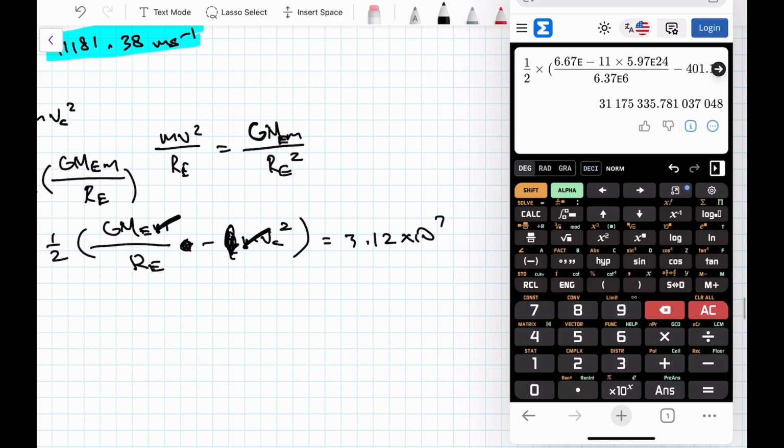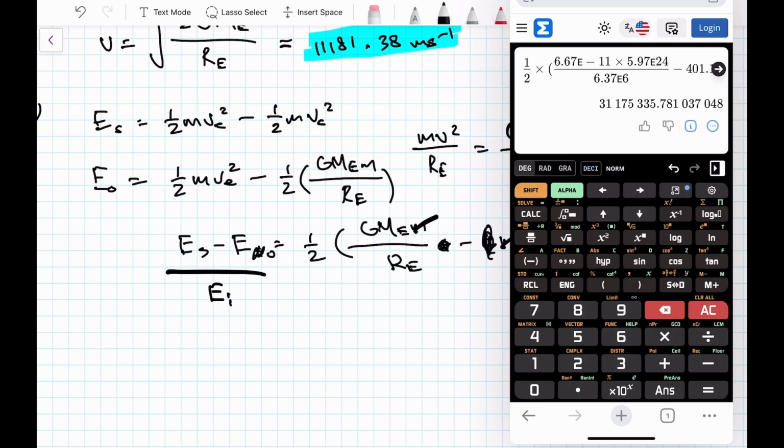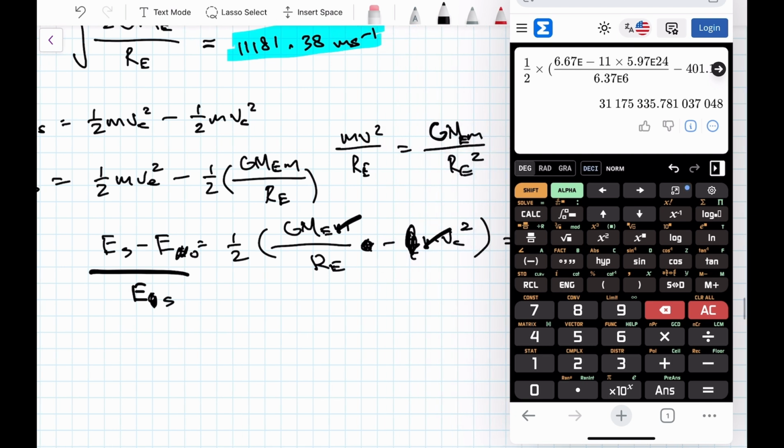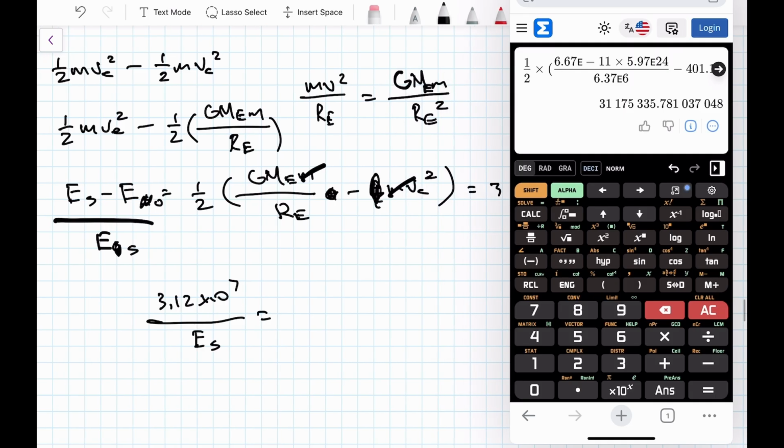So you can see that ES is actually greater than EO, therefore E initial should be equal to ES. So we just divide 3.12 × 10^7 by ES, so let's calculate ES for the moment.